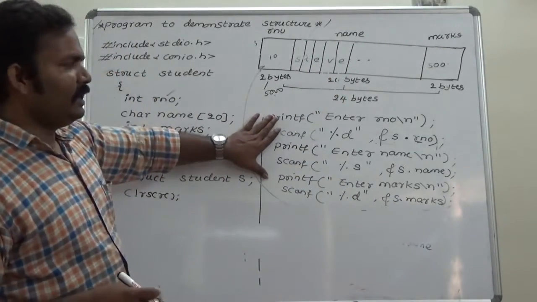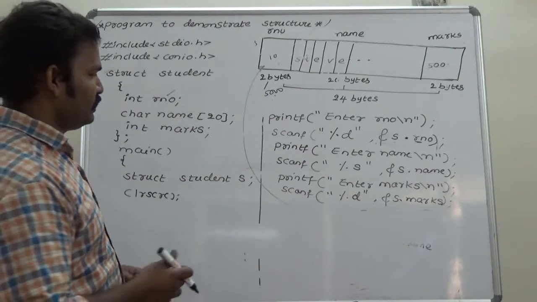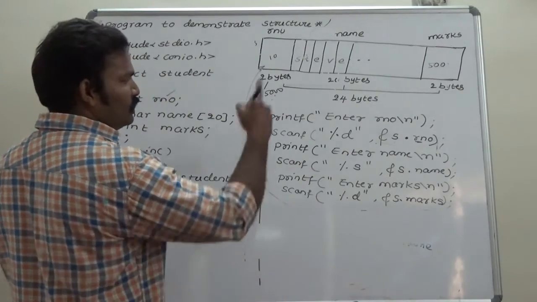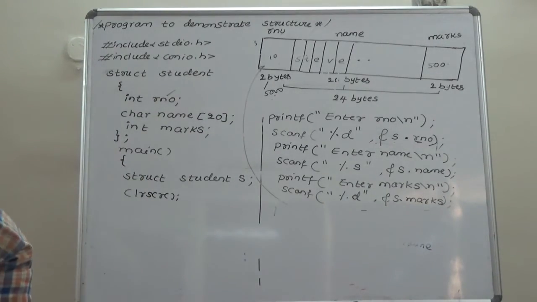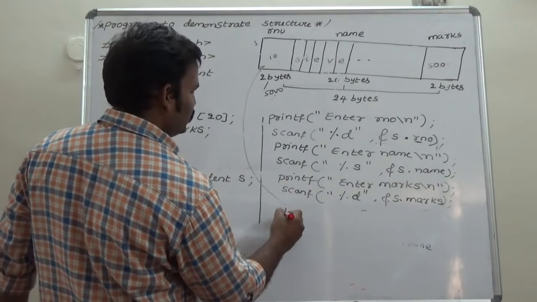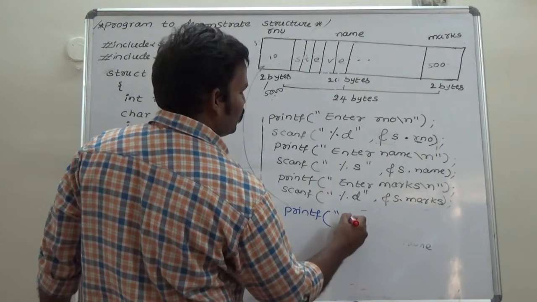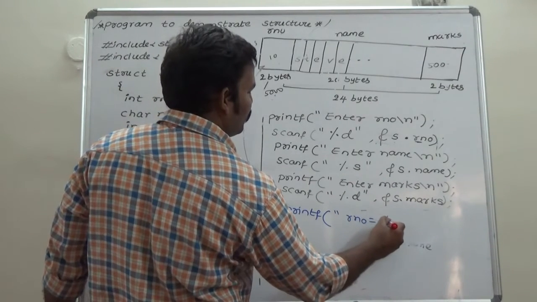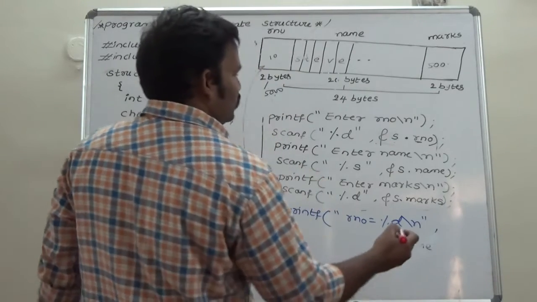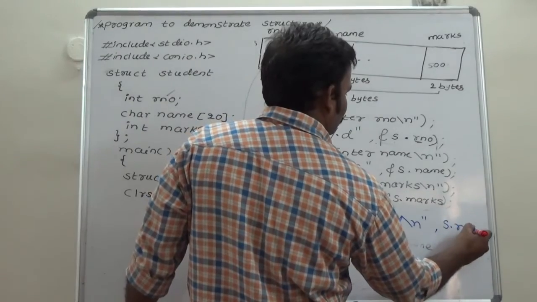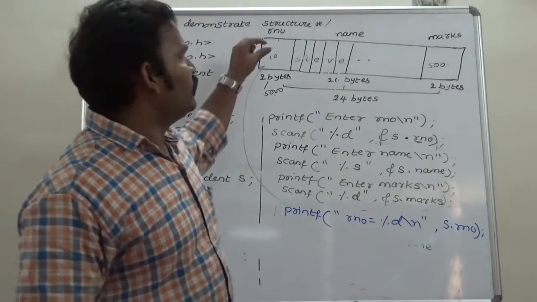So this is reading structure elements from keyboard. Okay, so next I want to print all those elements on the screen. So printf. First I want to print roll number. Roll number is equals to format specifier %d \n, s dot roll number. So clear, structure members, always remember only one point.